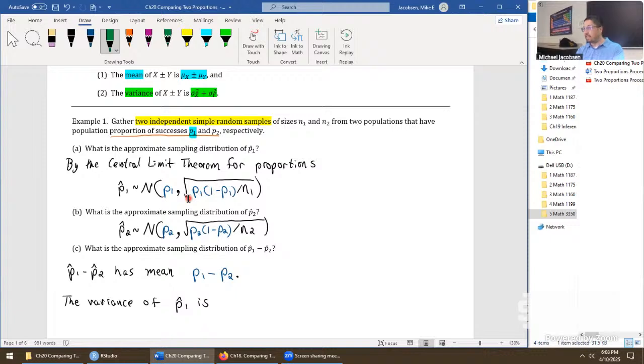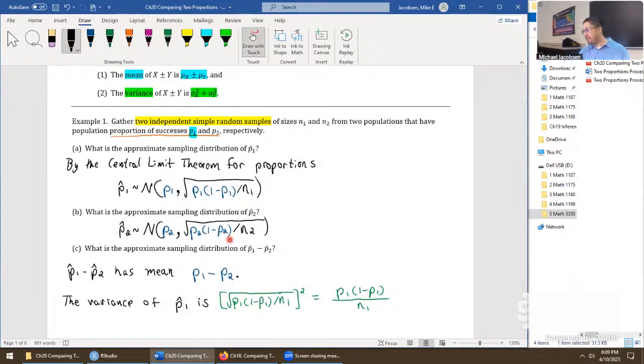So in the statistics setting, we need to square that quantity. Variance is root P1, 1 minus P1, divided by N1, squared, giving us just P1, 1 minus P1, divided by N1, written as now a standing upright fraction rather than the sideways version.